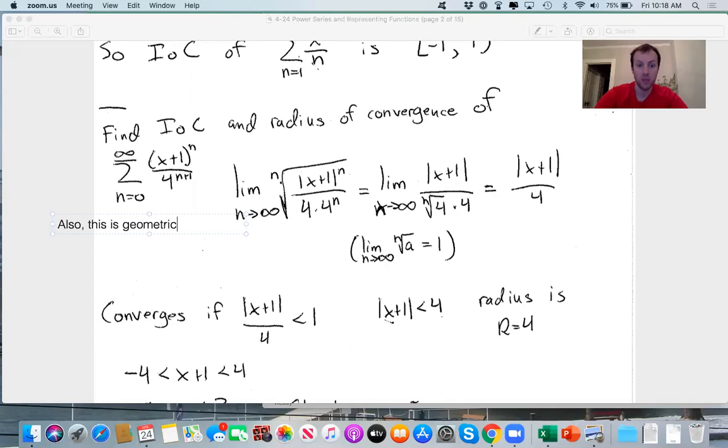And also, if you notice, this is geometric. And it looks like 1/4. So if we take this 4 out, we have an extra 1/4. And then inside we have x plus 1 divided by 4 all raised to the n.